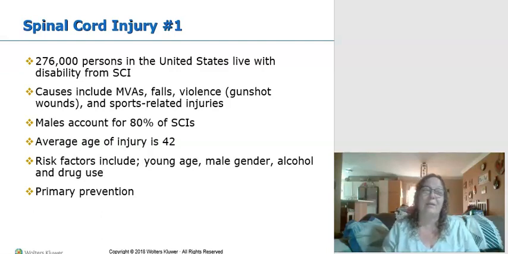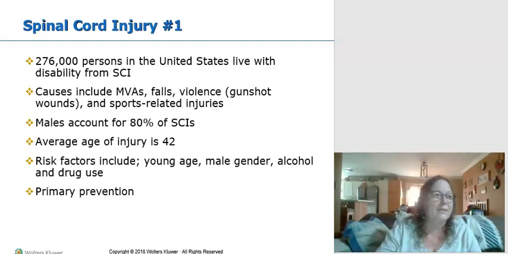Alcohol and drugs inhibit us, we don't always think as clearly, so we become bigger risk takers, right? And again, as with head injury, we want to work on primary prevention. Wear your seatbelt, if you're riding a motorcycle, wear your helmet. Don't dive into an area of water where you don't know the depth, that sort of thing.